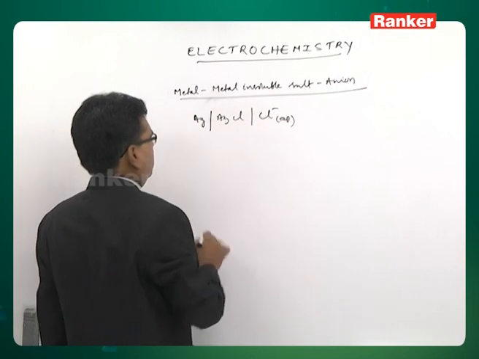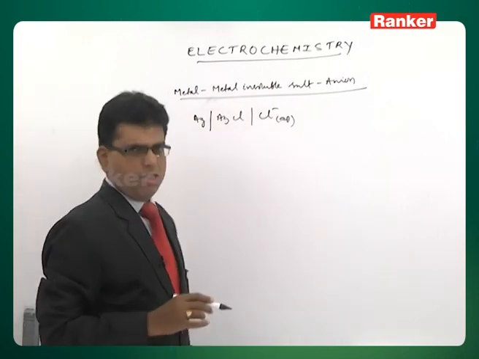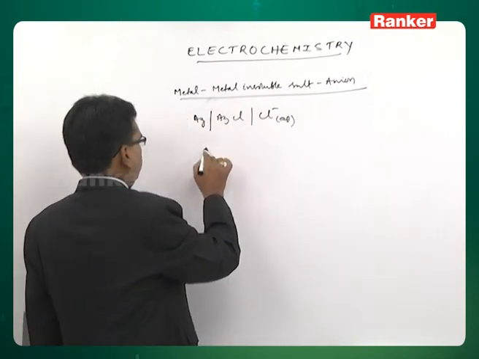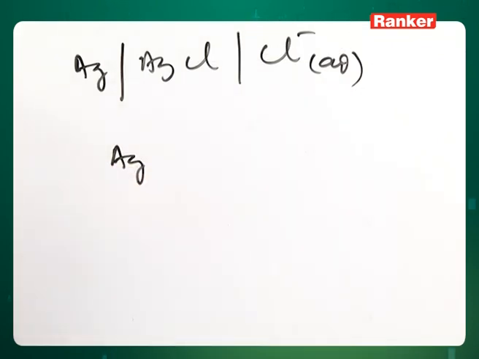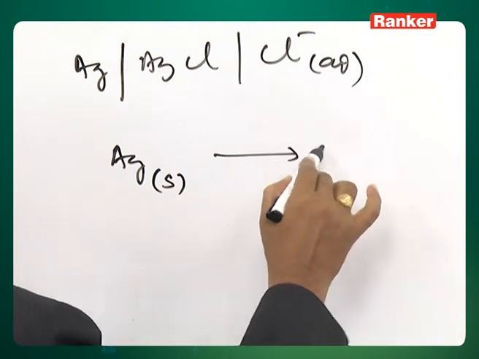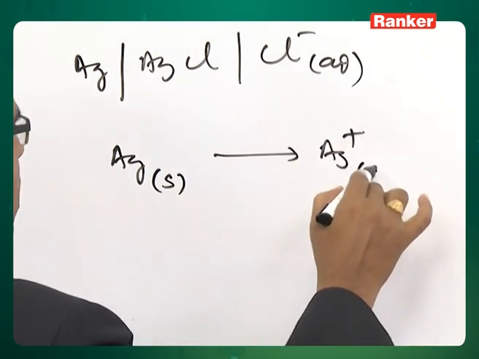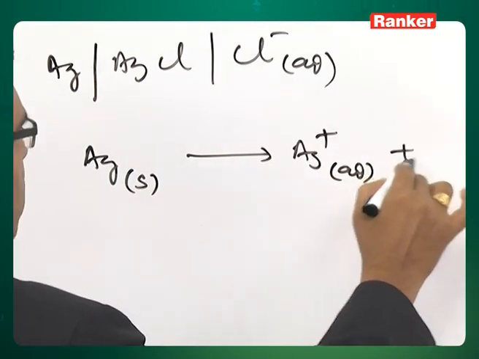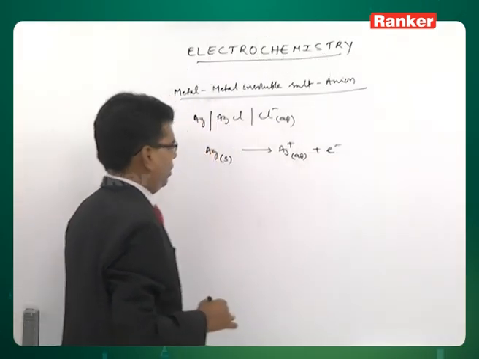In this particular case, this represents the oxidation half cell. Here, if you write the cell reactions, it is Ag solid to Ag plus aqueous plus electron, right.